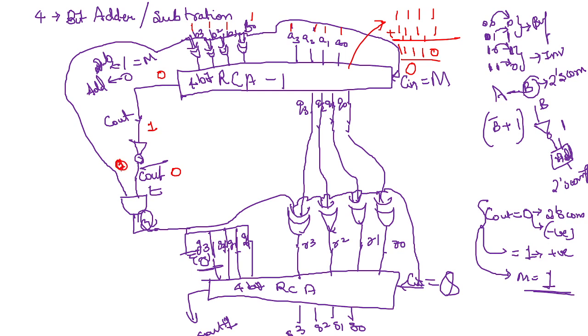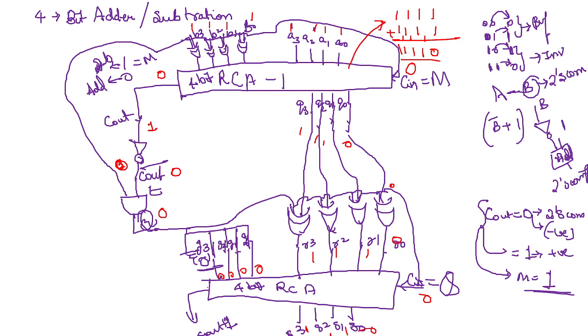Sorry, M is 0, so Q will be 0. Here I am having 3 ones and 0, so this is already 0 and will act like a buffer, so I will get 0 1 1 0, and here all zeros. This will be again 0, so the final output will be 1 1 1 0.